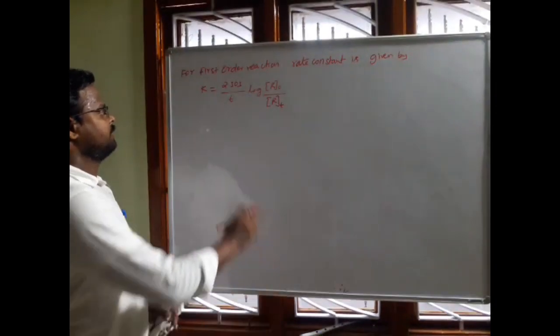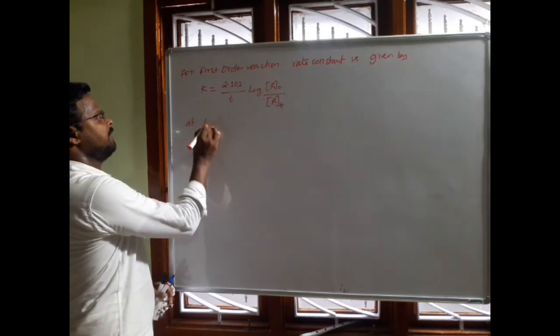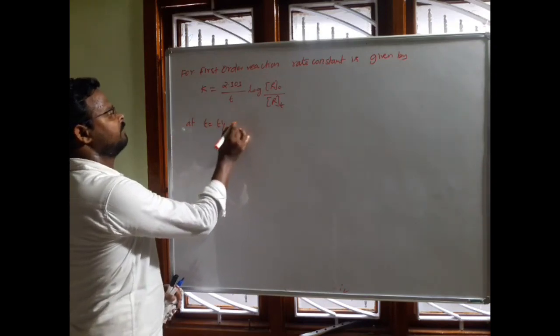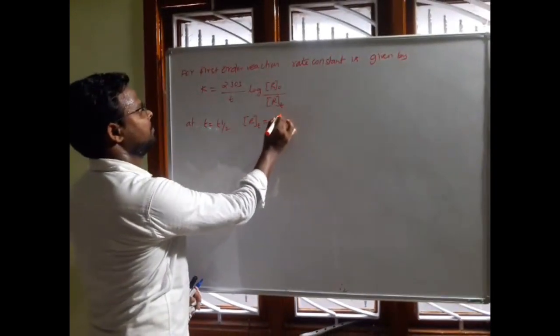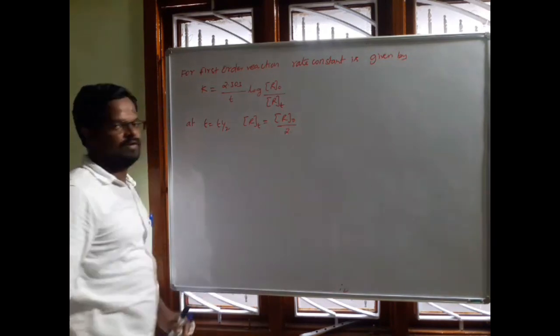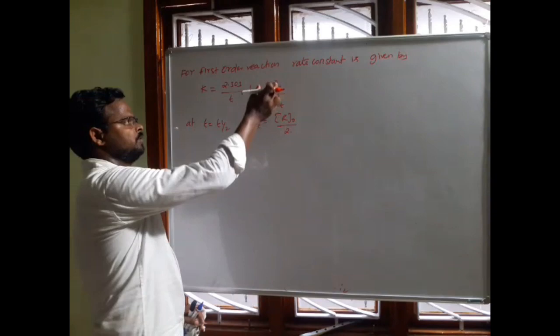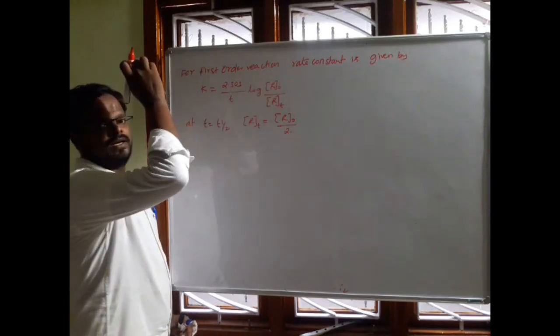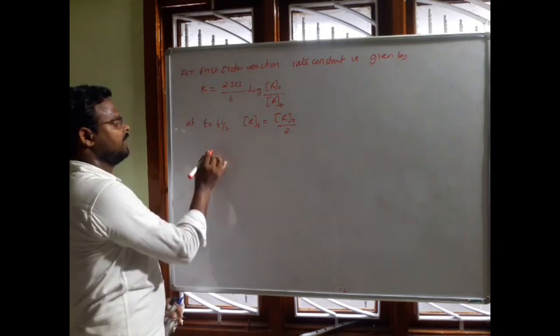Okay, so for this, see, at time t equal to t half, the concentration of the reactant at time t is equal to half of its initial concentration. When you substitute these two terms in the integrated rate expression for first order reaction, then what do we get?